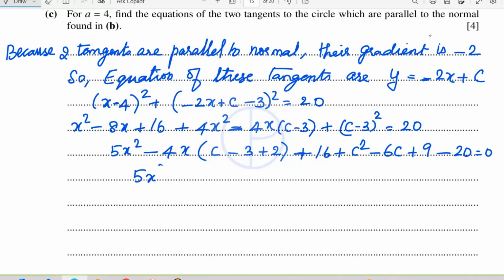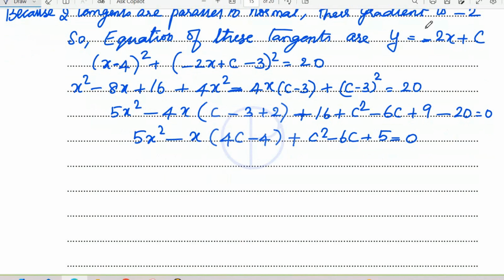So 5x square minus, what is the x term? c minus 1, so 4c minus 4 plus c square minus 6c plus 5 is equal to 0. Because this is a tangent, we can write b square minus 4ac is equal to 0.